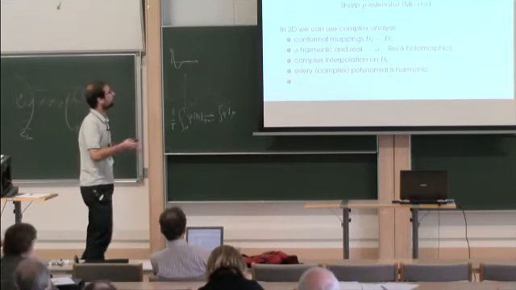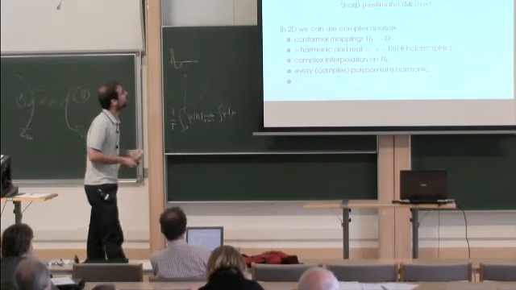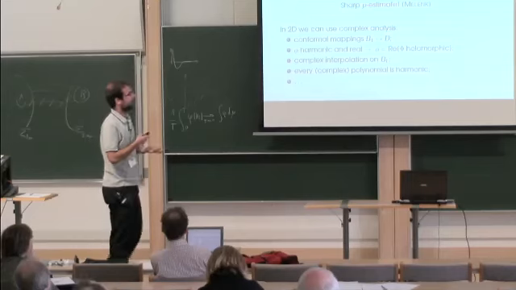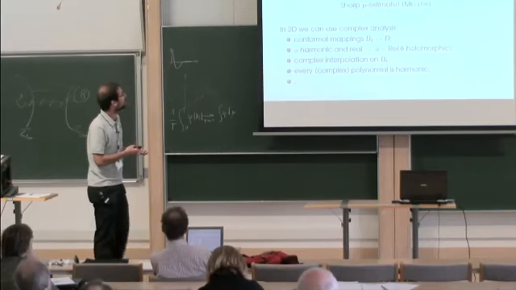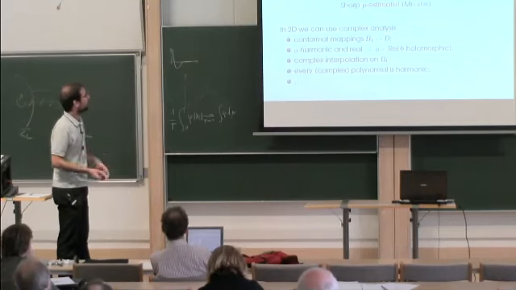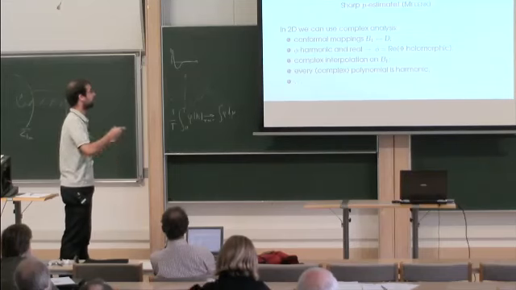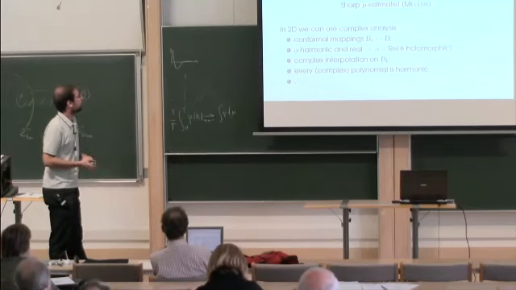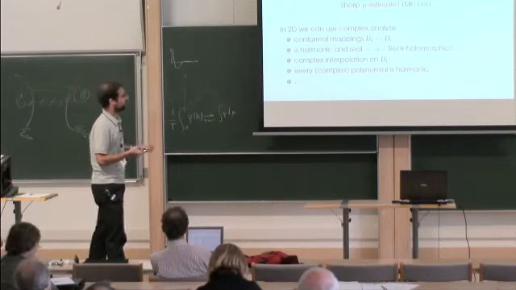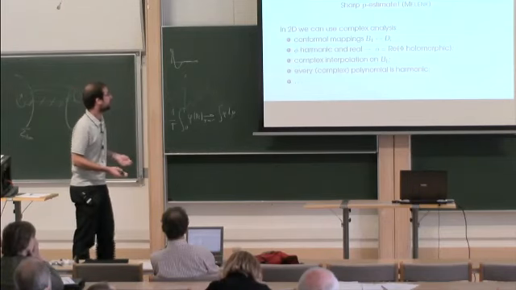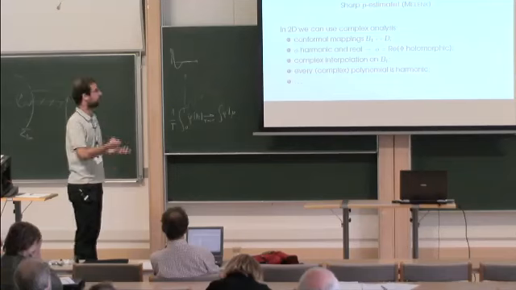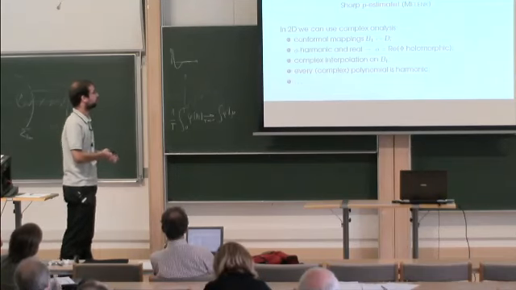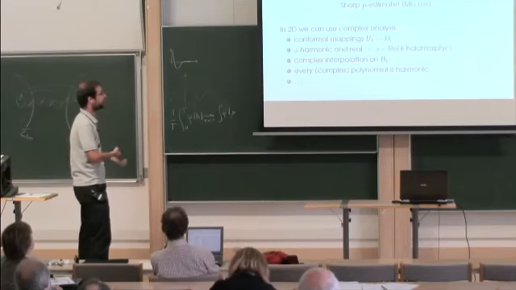But we want to generalize to higher dimensions, so we have to look into the proof of this. And we see that this heavily relies on complex analysis. In 2D, we can transform our domain using conformal mappings into the unit ball. We have harmonic functions, that means we are basically using holomorphic functions. Holomorphic functions can be interpolated on special points on the disk by complex polynomials, and the complex polynomials are harmonic for free.